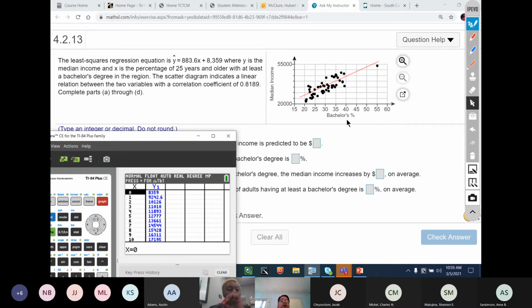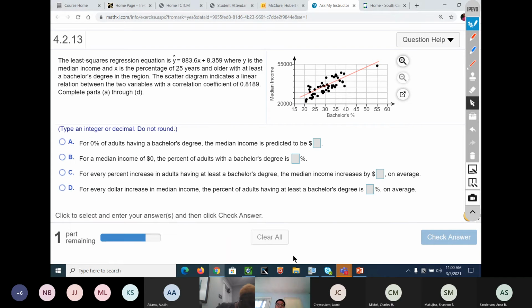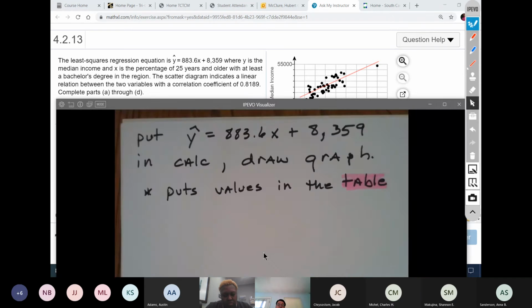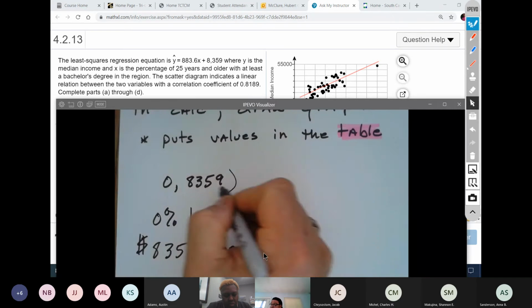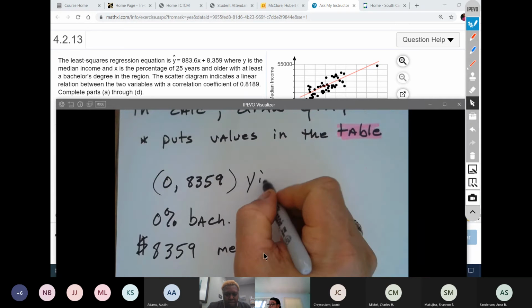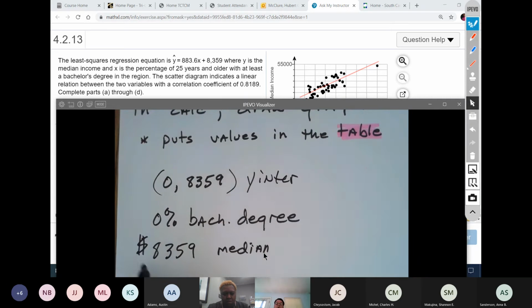And what is that, the yearly income, or what does it say? Median income. Okay, somebody tell me what's wrong with this statement. This is the y-intercept. There's two things wrong with this statement.